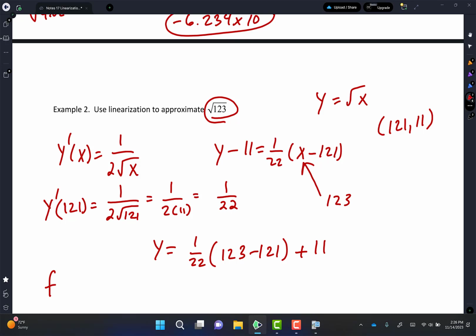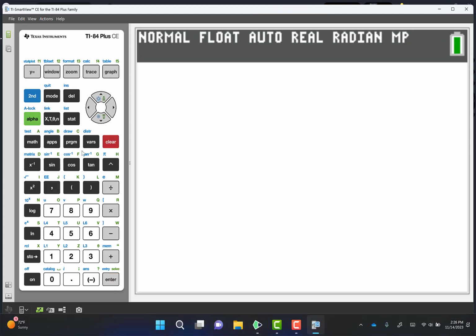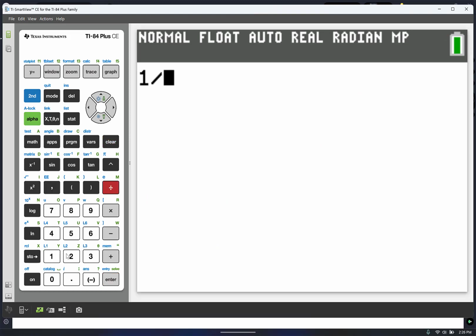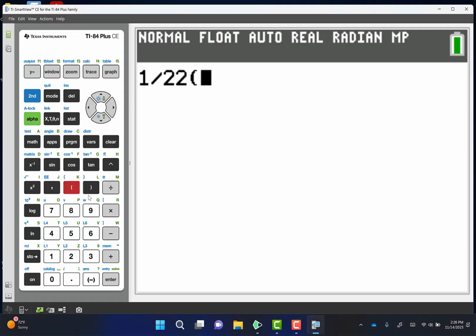If f of x is square root of x, the approximate square root of 123 is, let's see what that is. I take my calculator. If you're using a calculator, it defeats the purpose of doing this, right? Because you can just type in to get the exact. 1 over 22 times 2, and then plus 11.